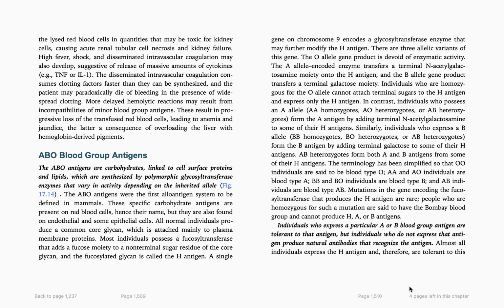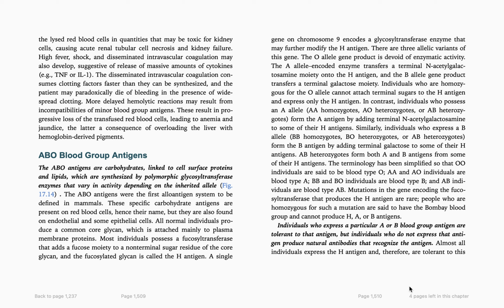Individuals who are homozygous for the O allele cannot attach a terminal sugar to H antigens and express only H antigen. In contrast, individuals who possess an A allele, AA homozygous, AO heterozygous, or AB heterozygous, form the A antigen by adding a terminal N-acetylgalactosamine to some of their H antigen.